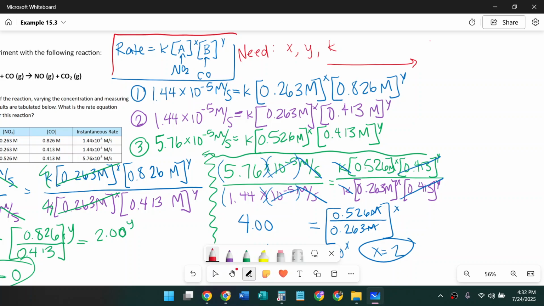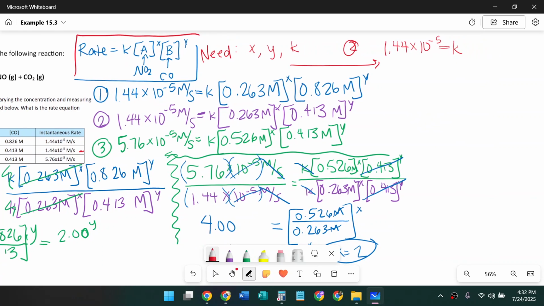All right, so the rate is 0.263. I'm doing trial 2. It doesn't matter, but just so you know. Oh, you know what? It would be helpful if I looked at the right number, though. We're starting with the rate. So right here is where I'm starting. 1.44 times 10 to the negative 5. That's our rate. It equals our rate constant that we're trying to find.